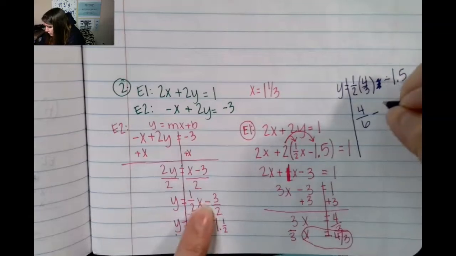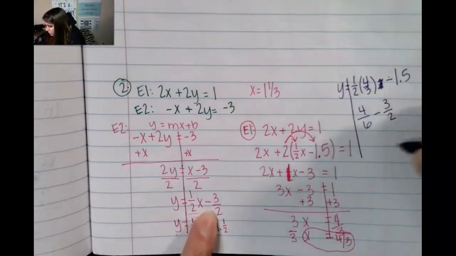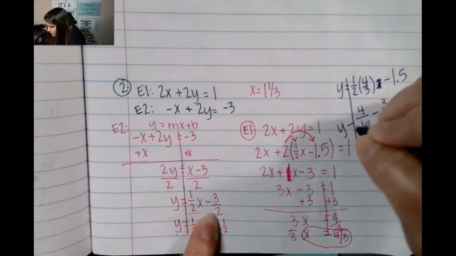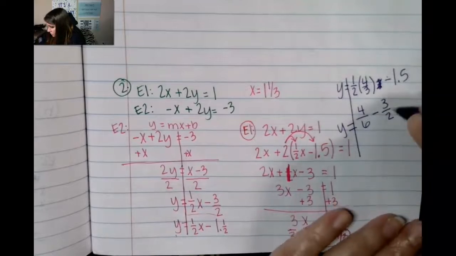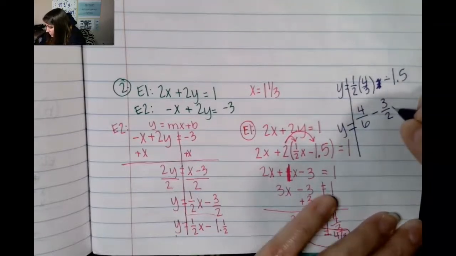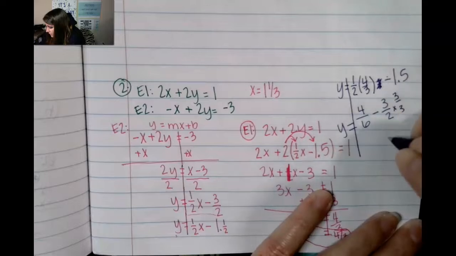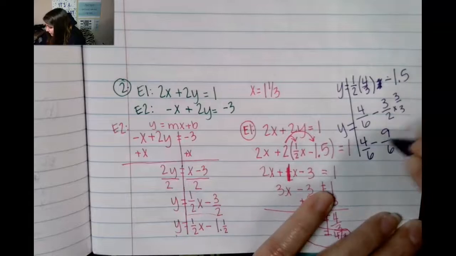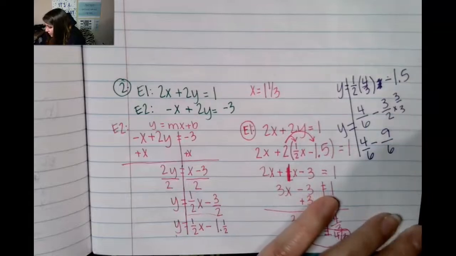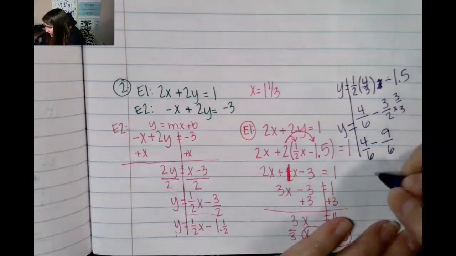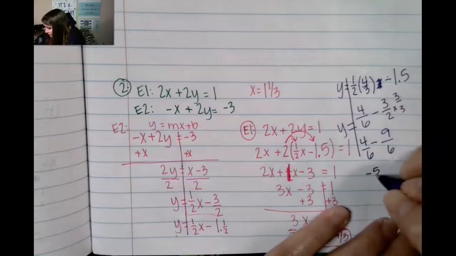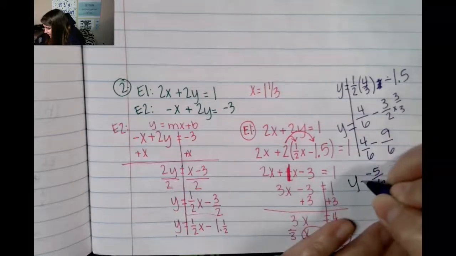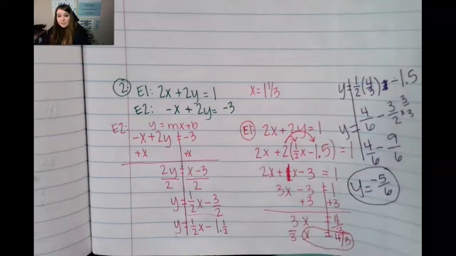Oh yeah, we did. 3 over 2. So y equals, we got to make these into common denominators here. So I'm going to times 3, so that gives me 9 over 6. 4 minus 9. So this is a negative 5 over 6. So y equals negative 5 over 6.